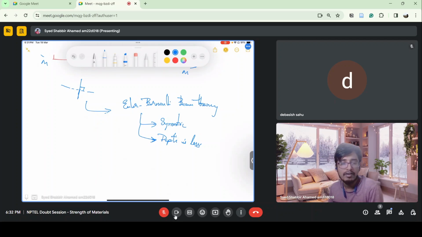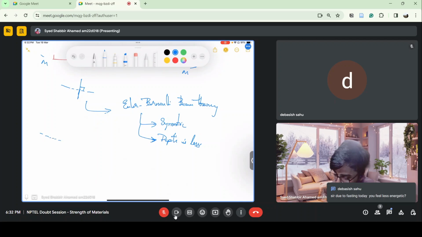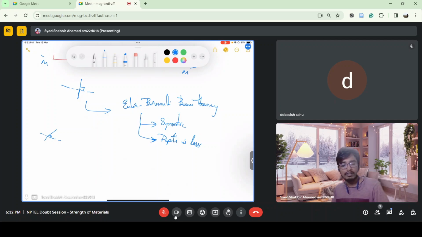If the depth by length ratio of the beam is high, there is some ratio, I don't remember the exact number, but what happens is that this plane section is not perpendicular to the neutral axis, and it makes some angle with it due to the shear. So we cannot neglect shear in beams which have greater depth. So that's why we go for other beam theories.